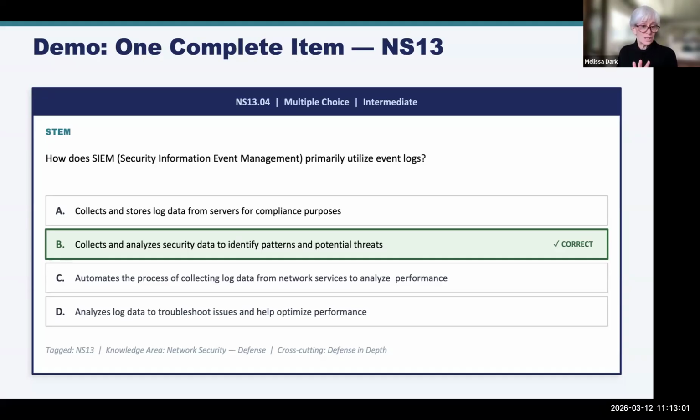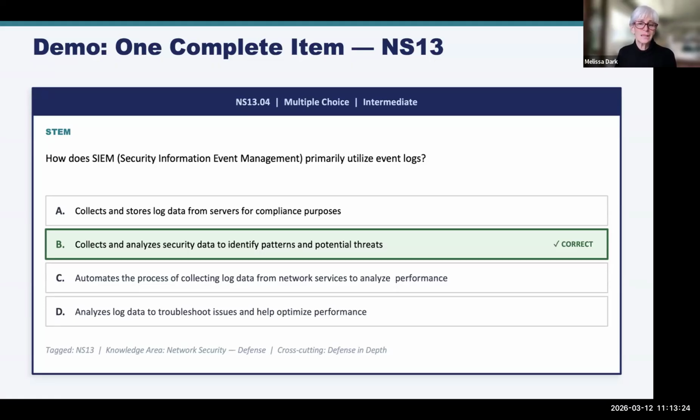This here, you're looking at just a single item. In a minute, we'll go to the full spreadsheet. This particular item is numbered NS13.04 because it's the fourth item that goes with the NS13 learning outcome that we've been working with.